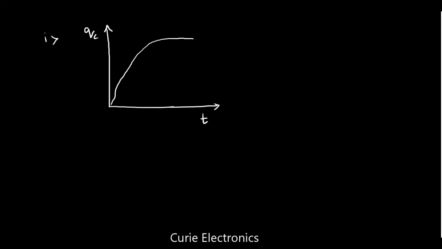The charge grows exponentially. This is charging of the capacitor, and the charge is growing exponentially. We also know that a similar characteristic is followed by the voltage, because the voltage also rises slowly.